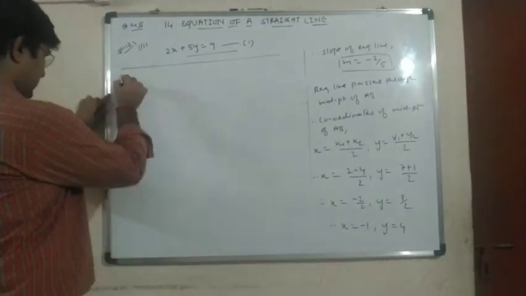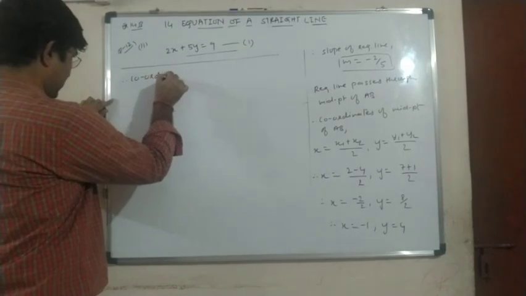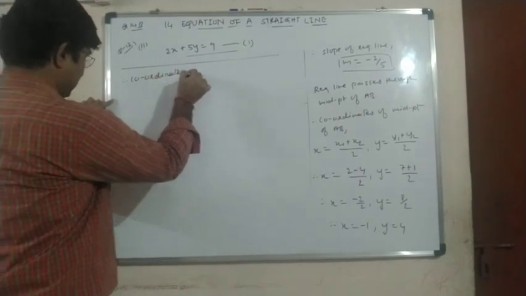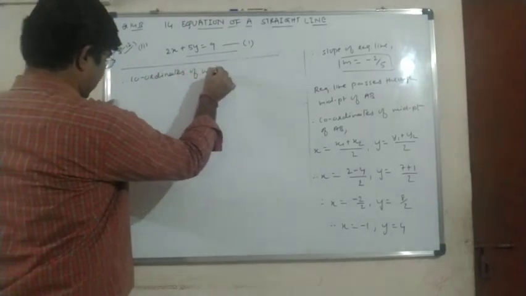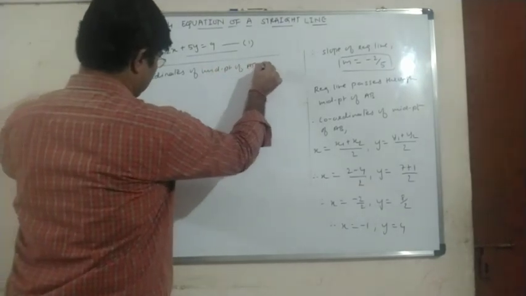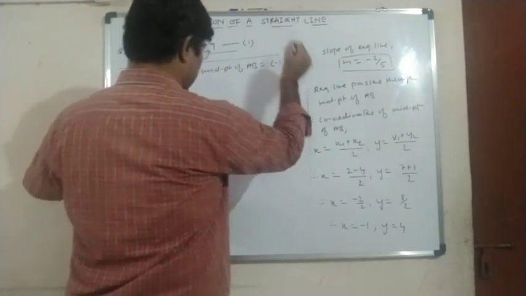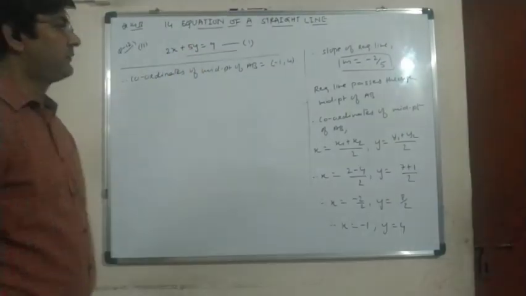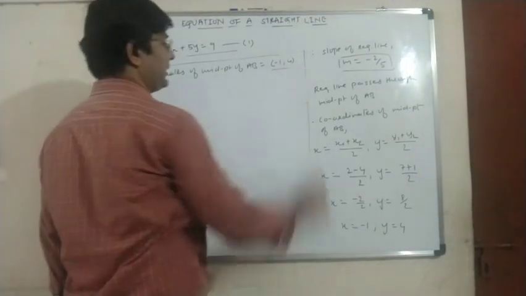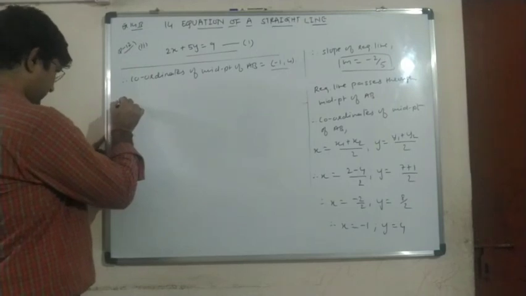Okay, and therefore coordinates of midpoint of AB are minus 1, 4. Okay, now required line is passing through this point and is having slope minus 2 upon 5.